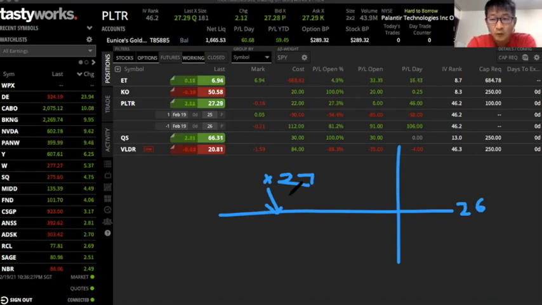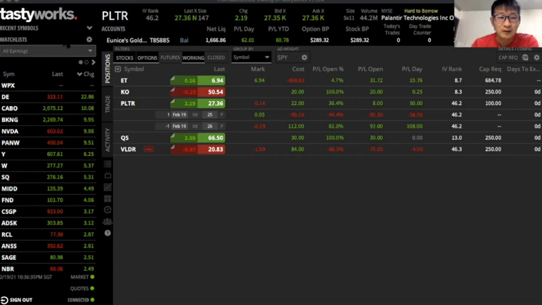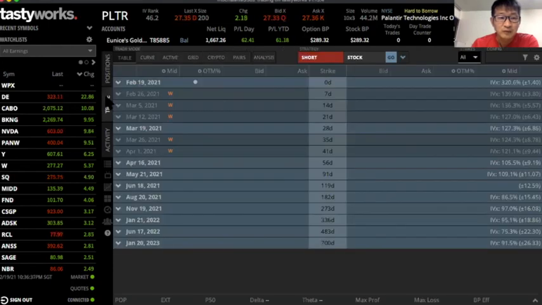I want to close this position because Palantir is actually a very highly volatile stock. Let me share with you how volatile this market is.